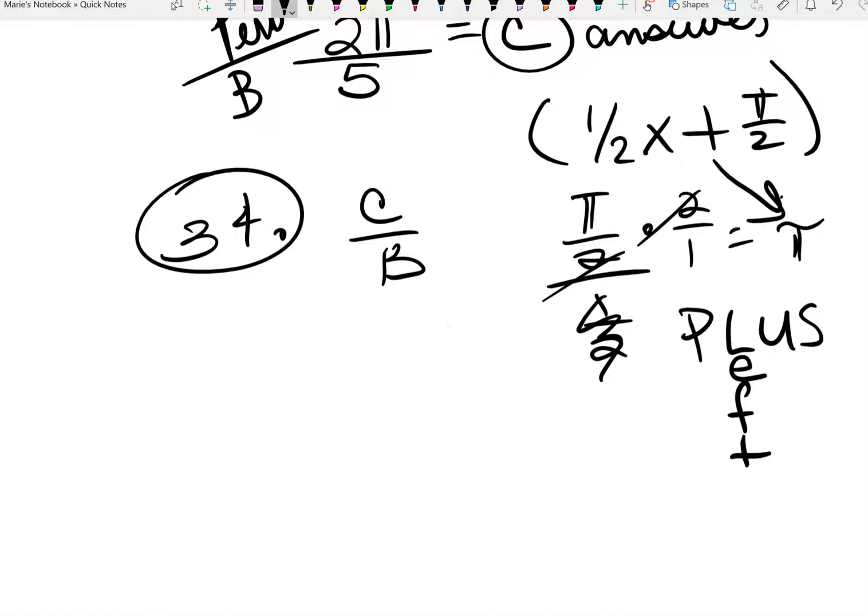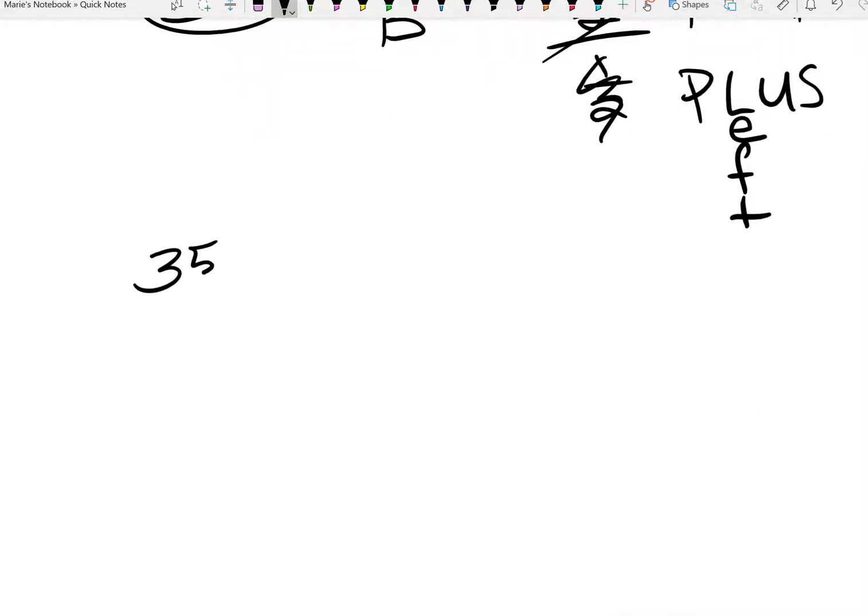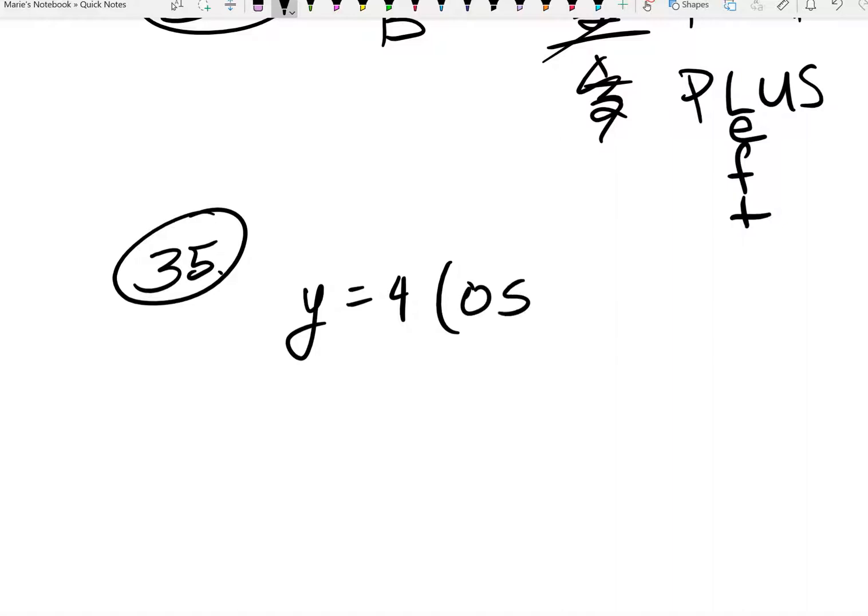Alright, number 35. Number 35, we have y equals 4 cosine of 4 pi x plus 5.